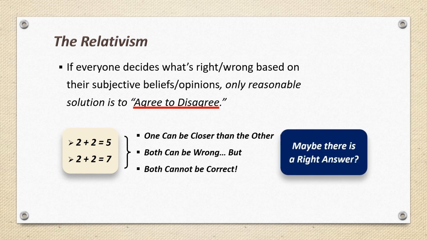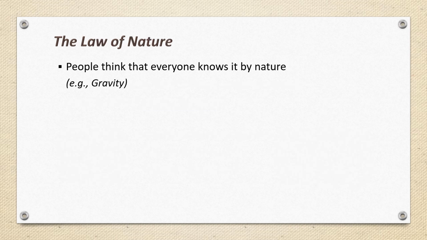So maybe, and just maybe, there must be a right answer to this question. I know we're not talking about a math formula in human nature. However, it's very interesting to think about whether there's any right answer to our behaviors. Since this is the law of nature that C.S. Lewis stated, he believes that people think that everyone should know it naturally.